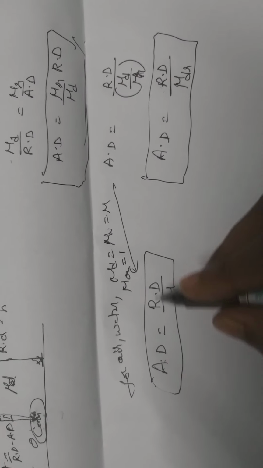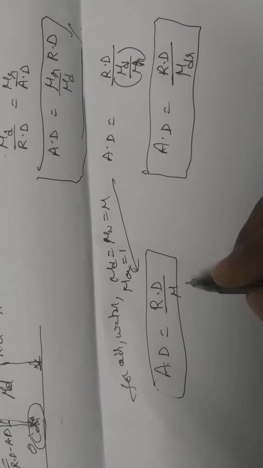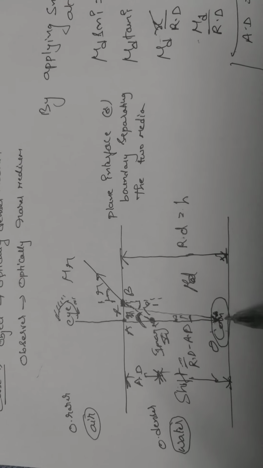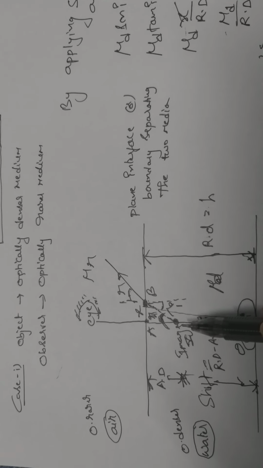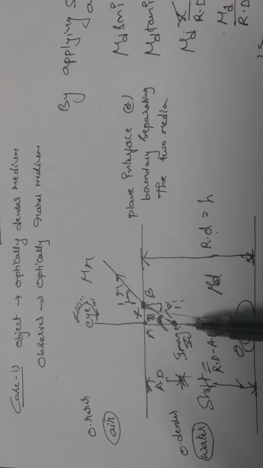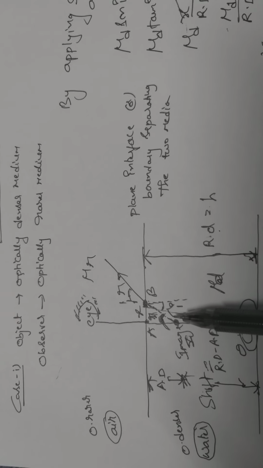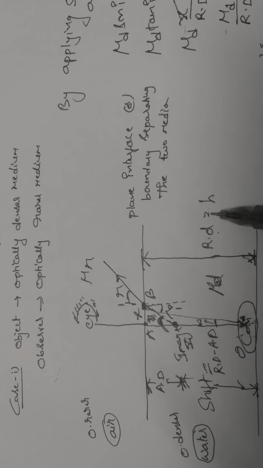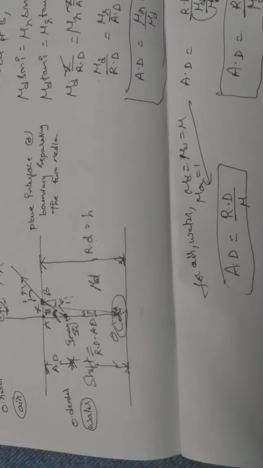So we will get apparent depth equals real depth by mu. So always, when the object is kept in an optically denser medium, the apparent depth is always less than the real depth. There is always a shift in the position of the object, and the apparent depth is less than the real depth by mu dr times, or mu times, like that we can directly tell.